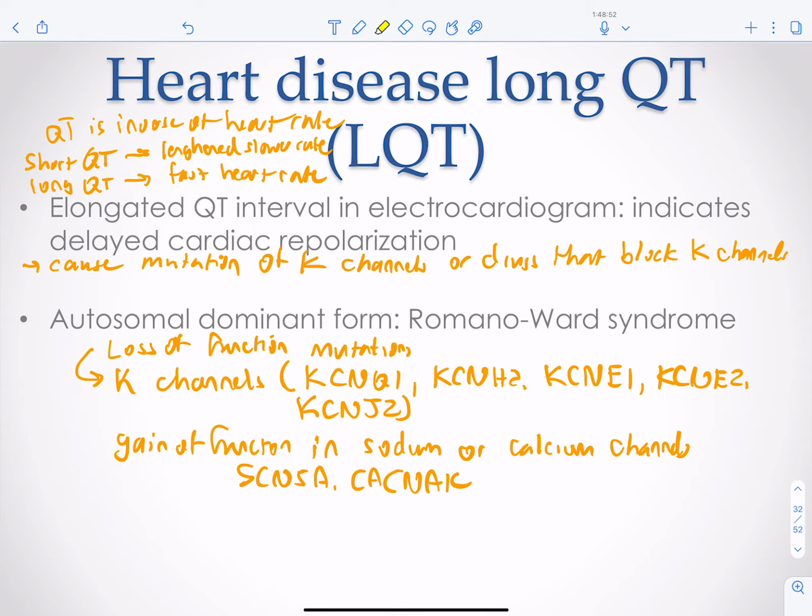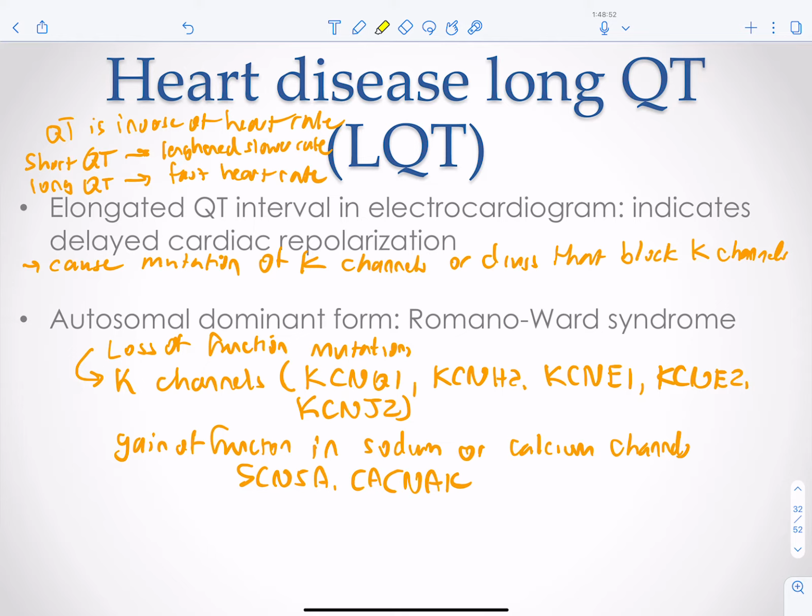If you have an abnormally prolonged QT, this is associated with an increased risk of ventricular arrhythmias. If you have congenital short QT syndrome, this is associated with an increased risk of paroxysmal atrial and ventricular fibrillation, which can lead to, unfortunately, sudden death.